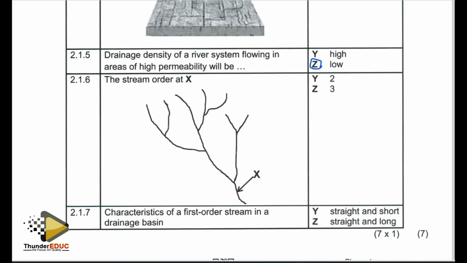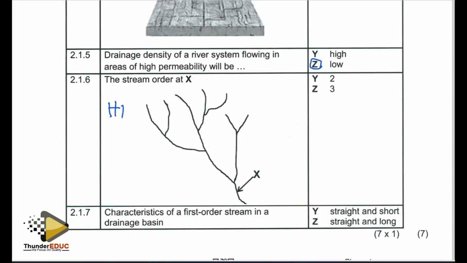Right, let's move on to question number 216. Question 216 is on stream ordering. The stream order at X. Before we answer that, let's elaborate and simplify how we come up with the stream orders. I will illustrate how we do the ordering of streams in the basin.